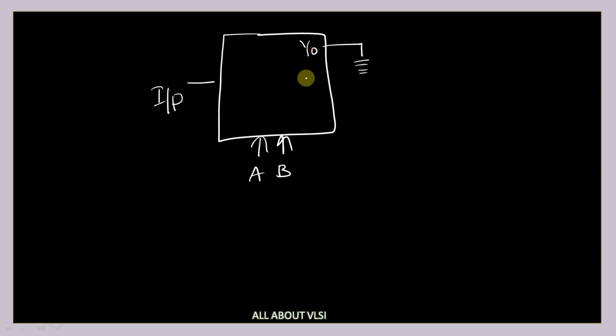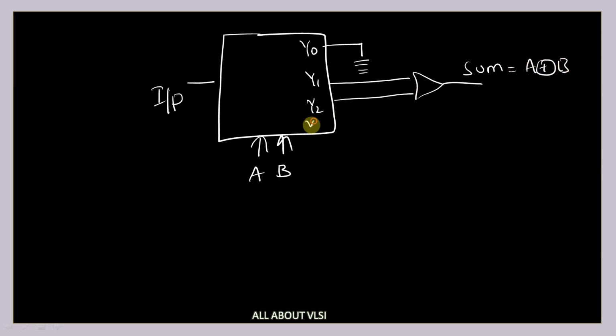This is y0, and y1 and y2 we give to an OR gate, and here we get our sum, which is nothing but A XOR B, and at y3 we get the carry, which is nothing but A dot B.